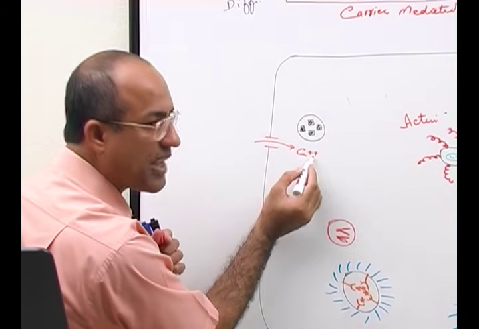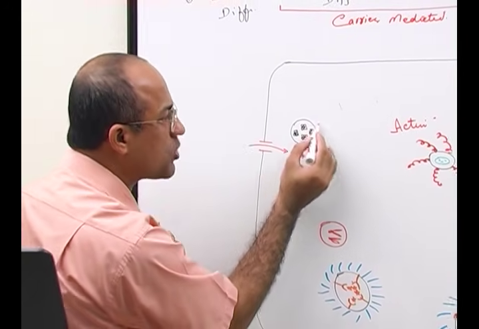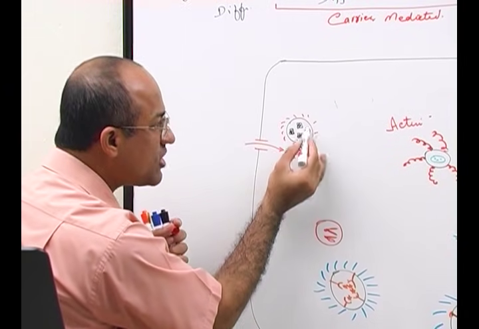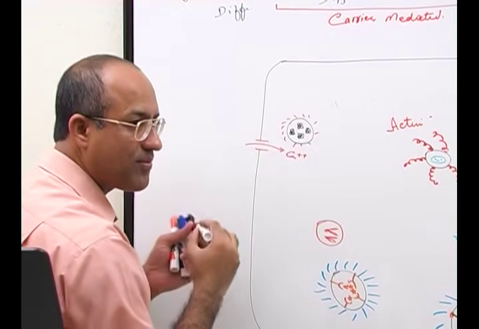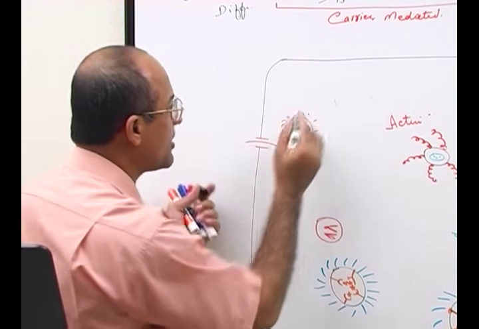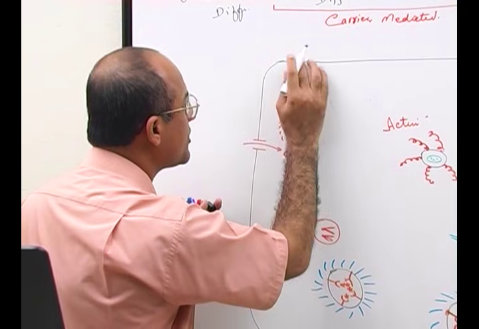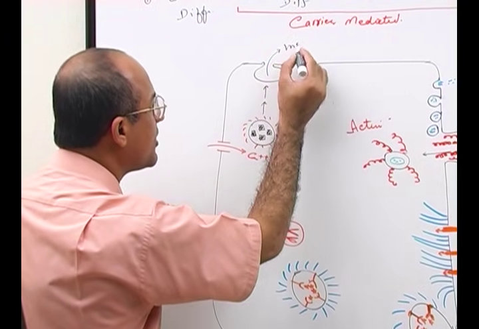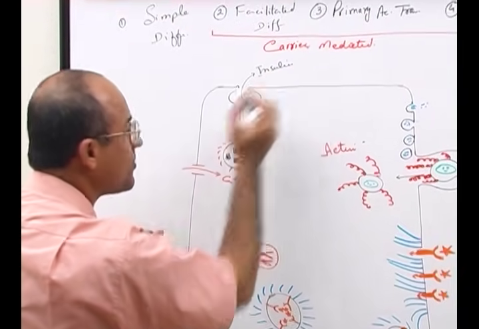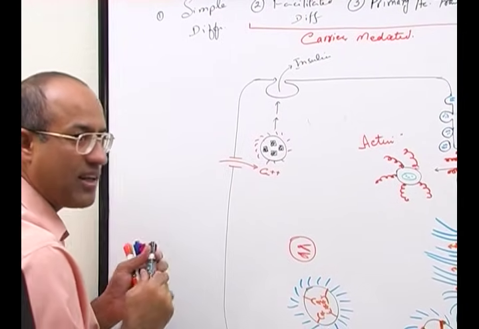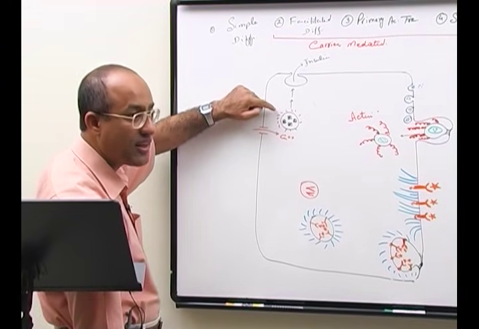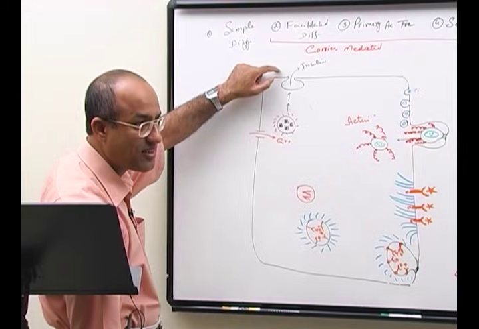Because when calcium comes in, calcium interacts with certain proteins here. These are also clathrins, and these vesicles will move towards the surface, right? And what will jump out? Insulin. So this is an example where there is exocytosis of intravesicular substances, right?